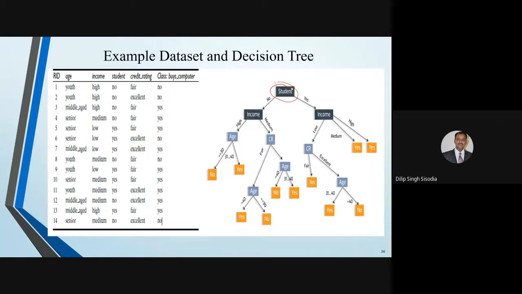We calculate the entropy, which is the measure of uncertainty associated with each and every attribute of the data set. Here 4 attributes are there, so we compute the entropy of all 4 attributes, and the maximum entropy attribute will be considered as the splitting node. So out of age, income, student, credit rating, the student has the maximum entropy.